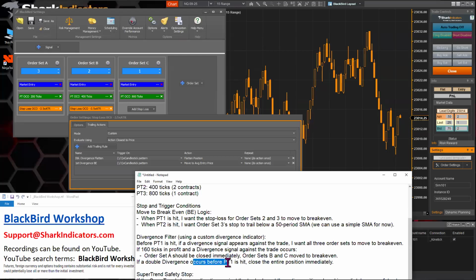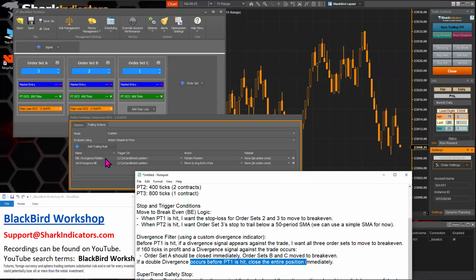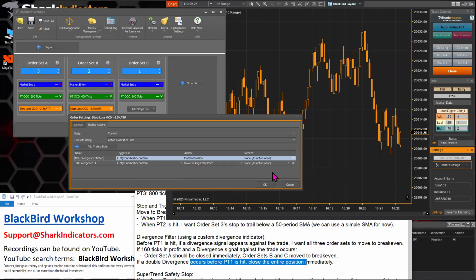Well, this specifically says before profit target 1 is hit. So that means I need to delete this trailing rule here. So we're going to remove this rule here.